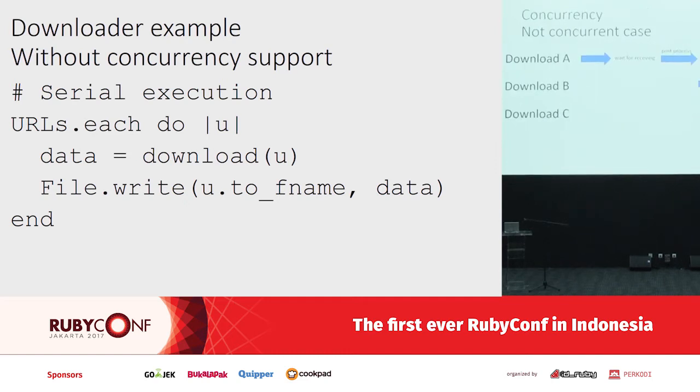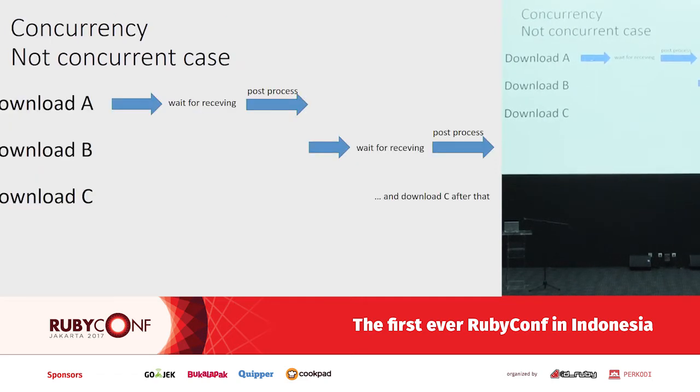But this execution is download A, and just after that, continue to download B, and after that download C. So it is not concurrent, and it has some overhead. We can't interleave I/O overhead and so on. So we don't expect such an execution.